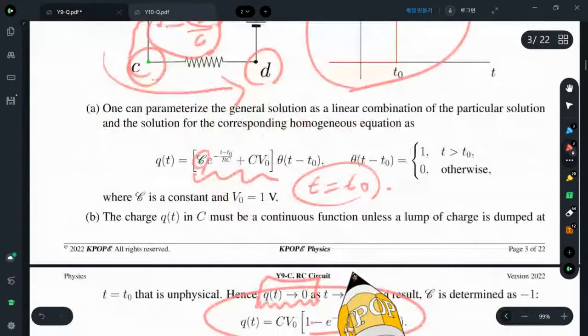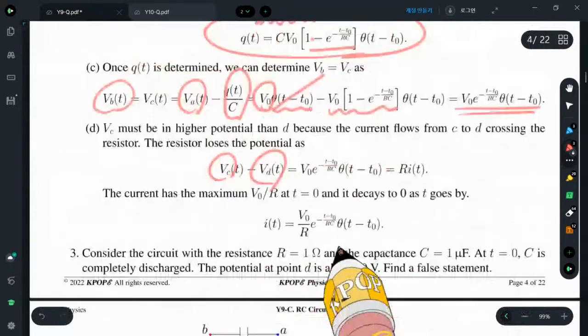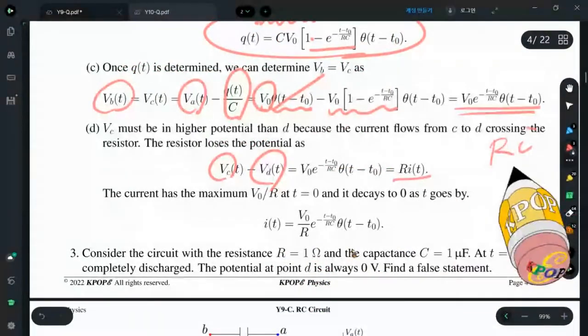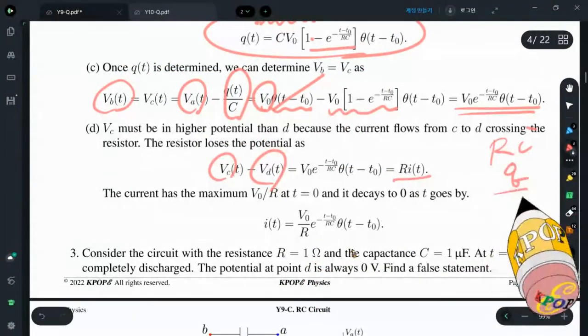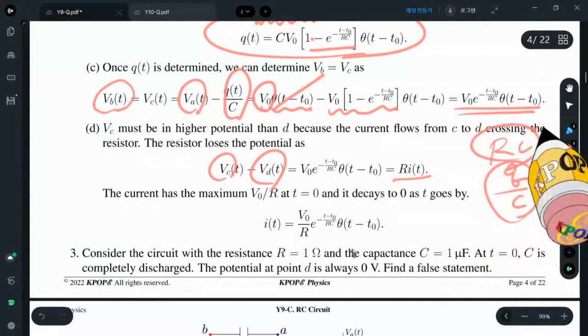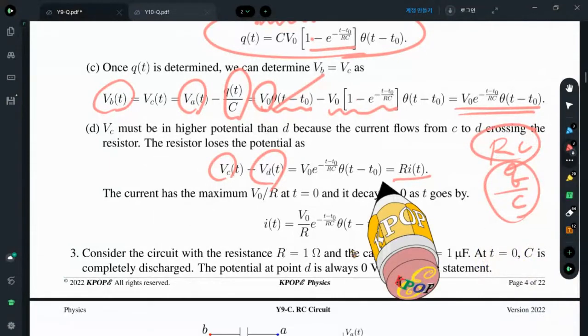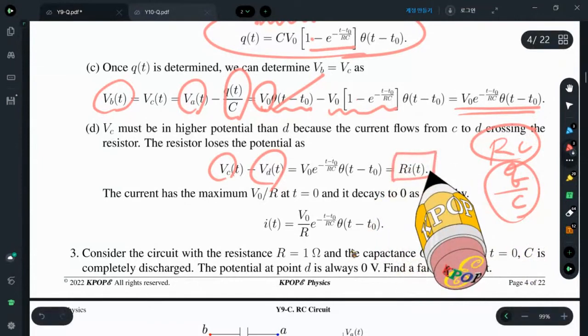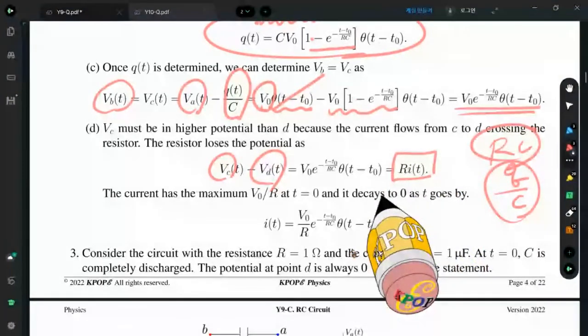So C is higher, and then what you usually write, Ri, Q over C, this kind of thing is assumed to be positive. So in this manner, you must not be confused with the sign, either plus or minus.